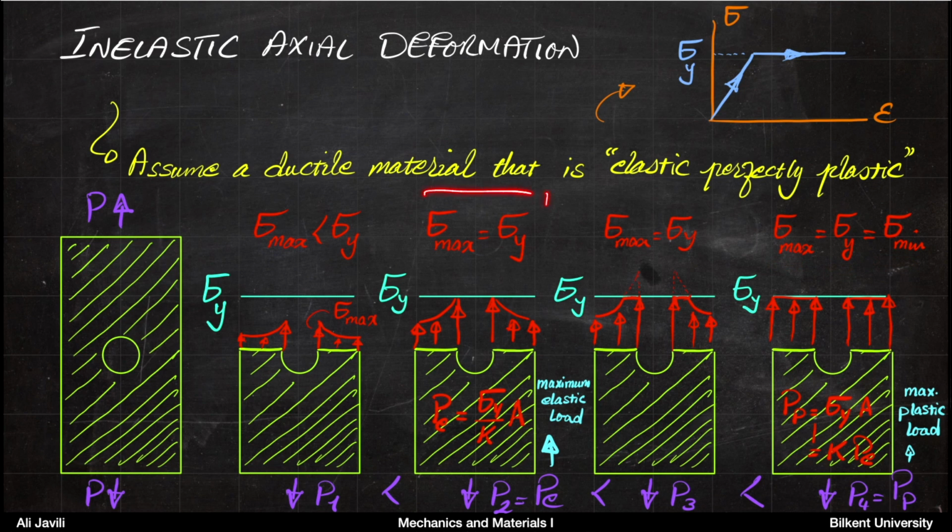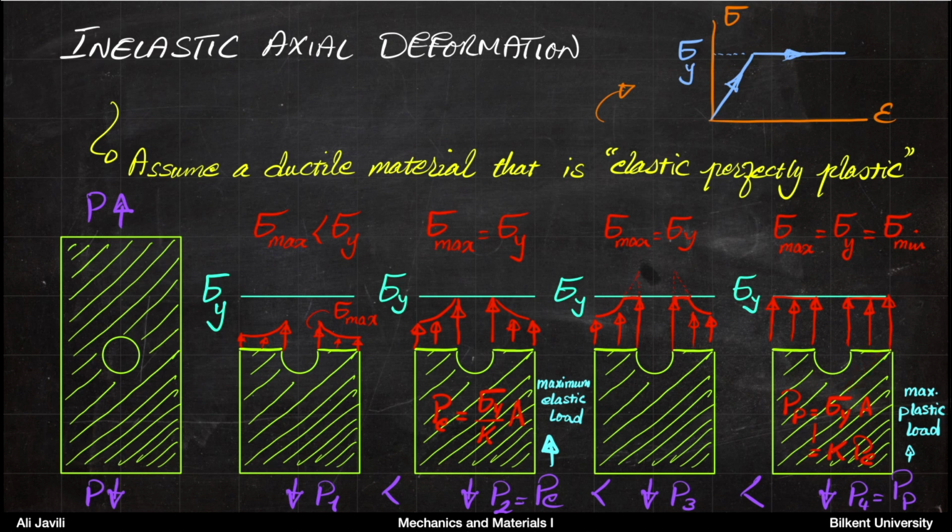So this was sigma max equals sigma y, that was the elastic limit, but if sigma max and mean are equal to sigma y, then this is your plastic limit. So this is your maximum plastic load. And for maximum plastic load, the force P is sigma y times A, because the stress is just uniform, and that uniform stress is sigma yield.